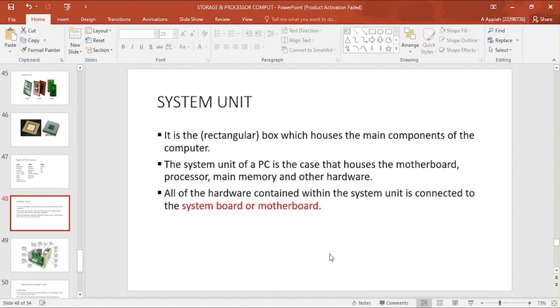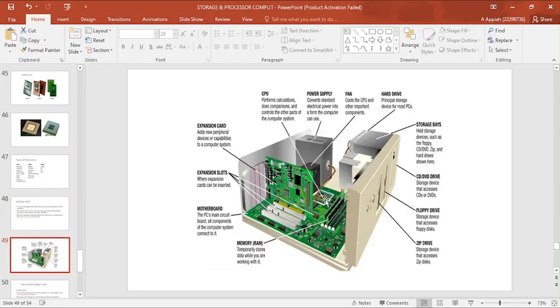Now, all hardware found in the system unit is connected to what we call the system board or the motherboard. So we have an example of our motherboard in the system unit here, and all the various hardware components are also connected to it.